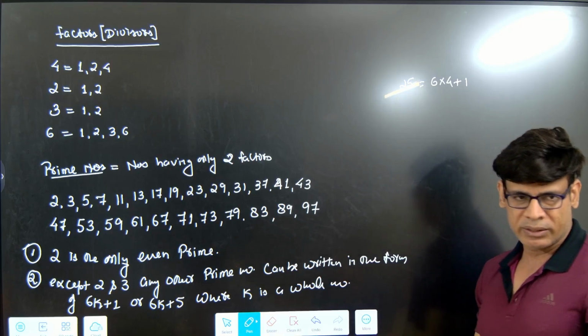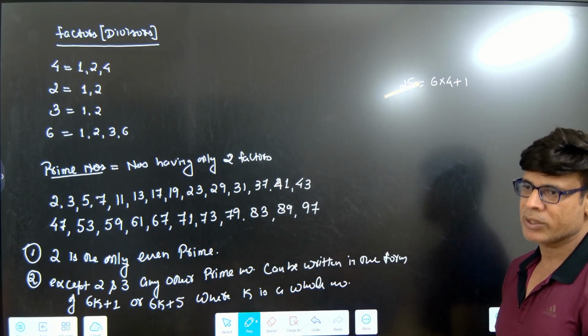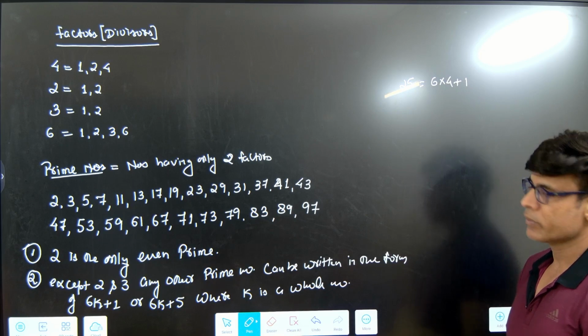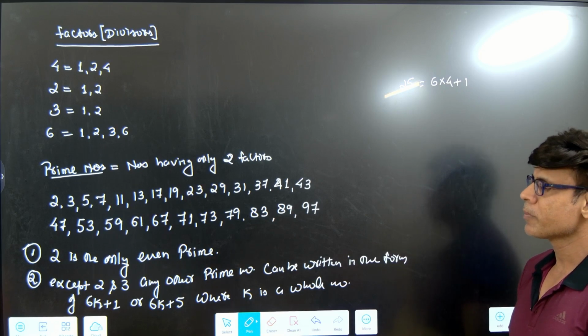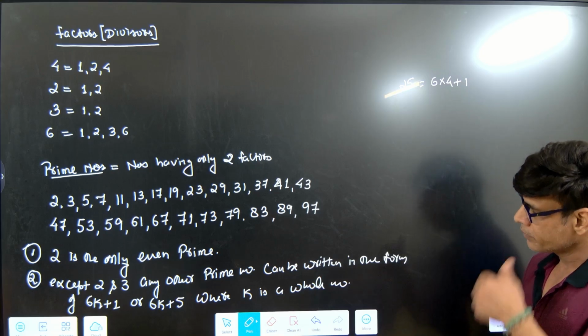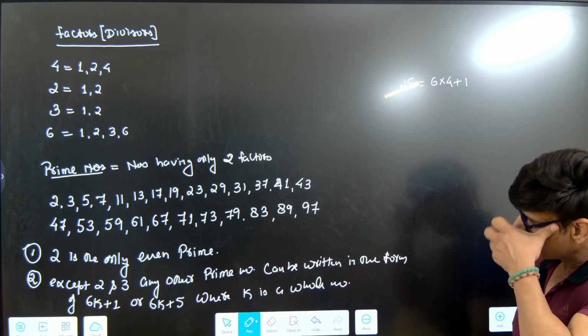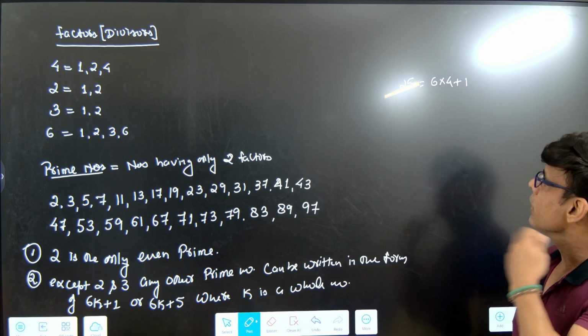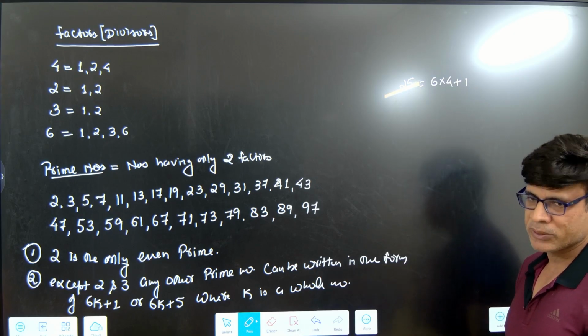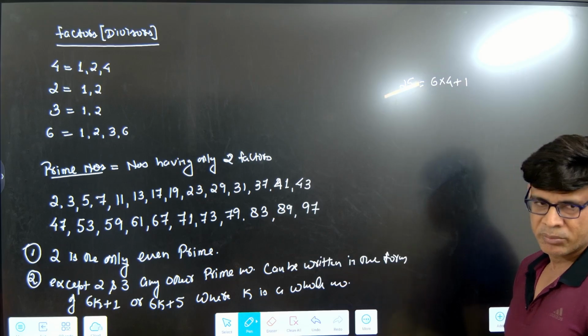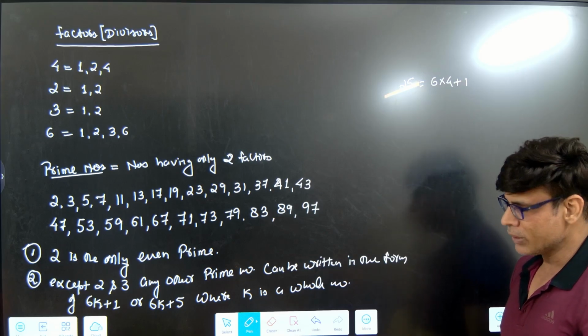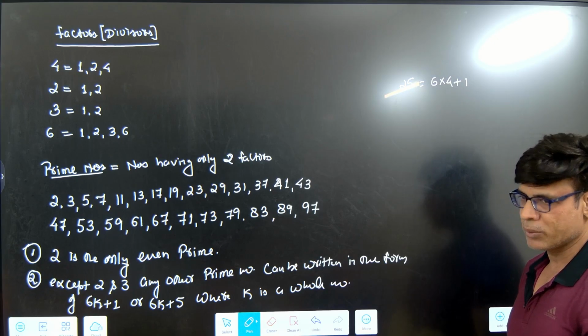So there are other numbers also which you can write in the form of 6k plus 1.